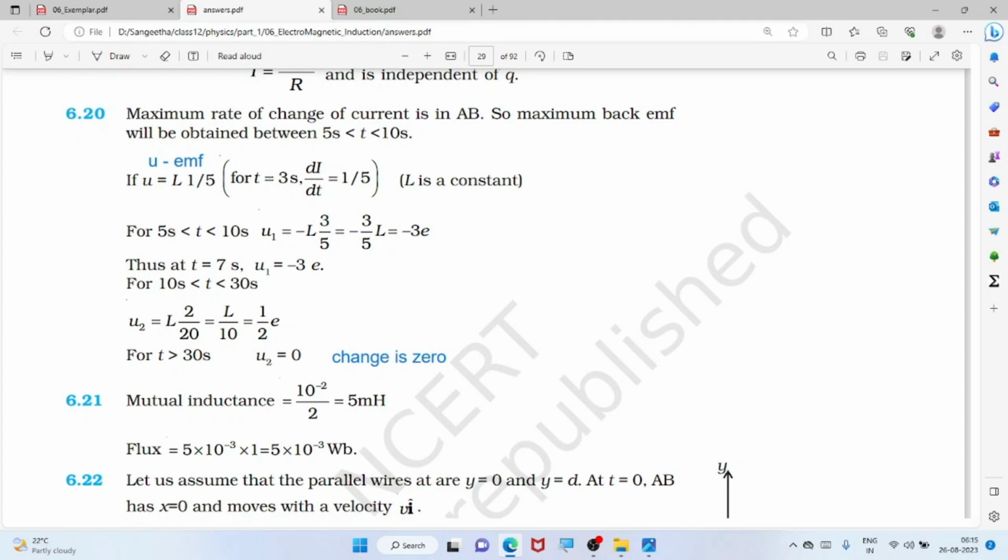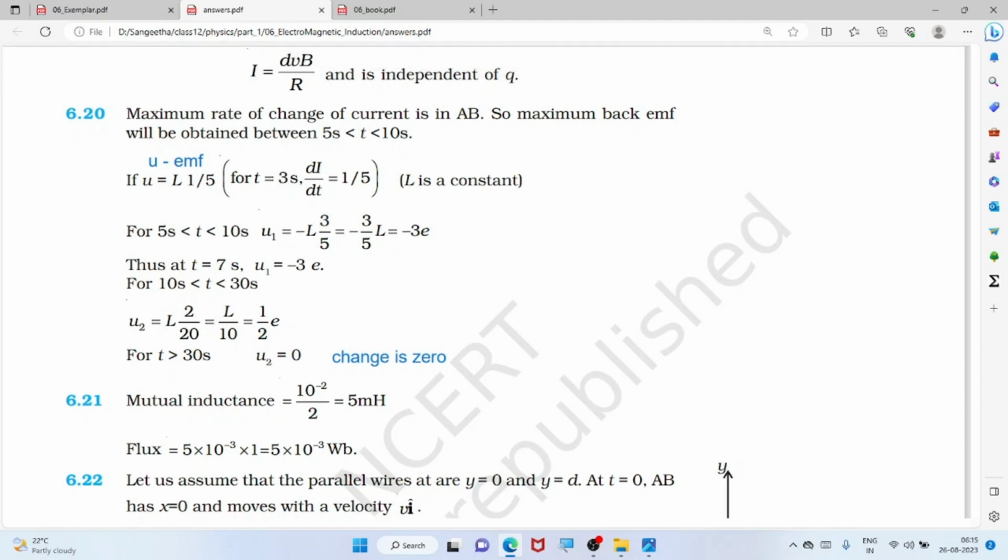So the maximum back EMF is in AB, between 5 seconds and 10 seconds. EMF equal to L into di by dt.